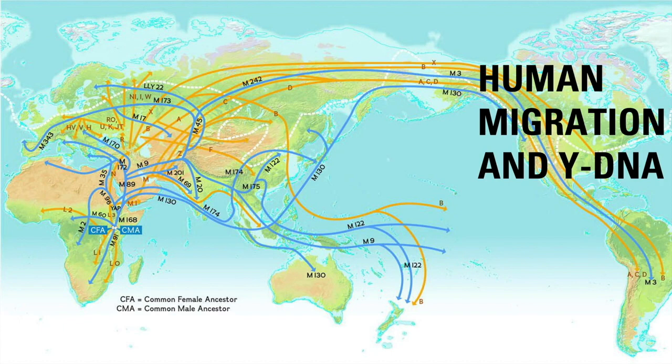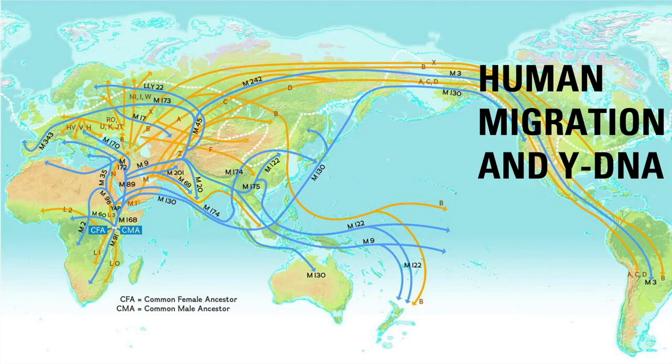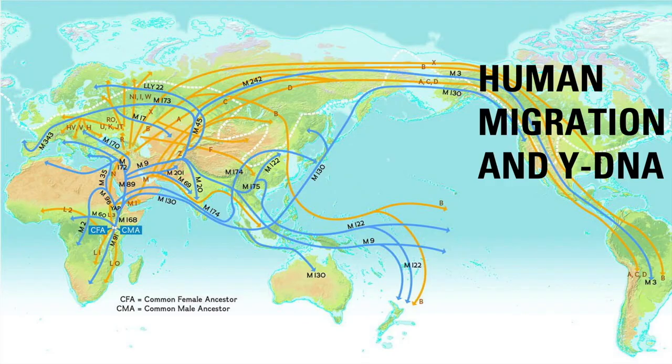So some prefer to use the human Y-DNA as a marker rather than mitochondrial DNA, because of certain reasons. Scientists decide which one of these two to use in the depiction of the migration routes that humans took in the 60,000 years of their existence, I mean, after the exodus from Africa.